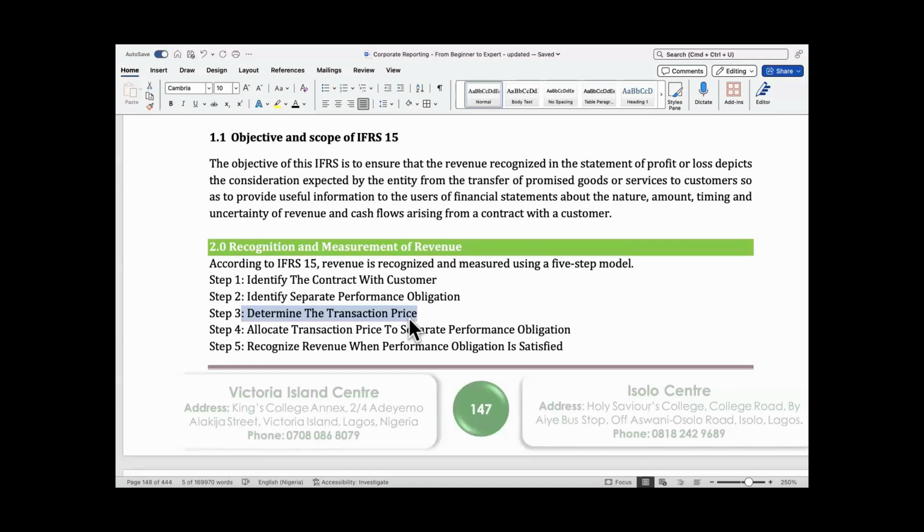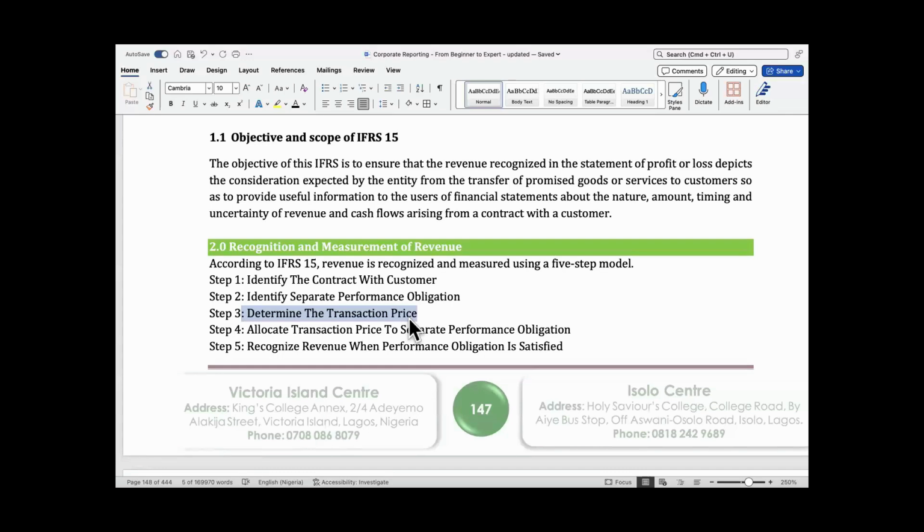Additionally, we also say that transaction price can also be affected by the time value of money, whereby there would be a significant financing component. And that occurs where you sell on credit to a customer and the credit period goes beyond 1 year.